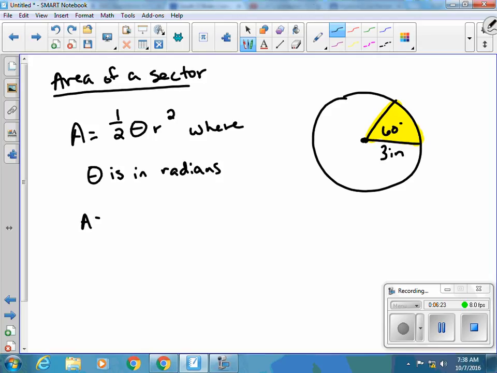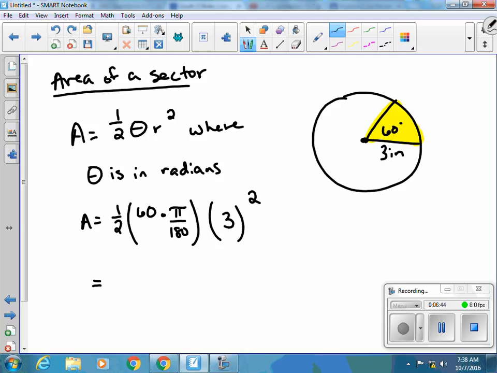So I've got my area equals 1/2. I need to convert that into radians, so I know that it's going to be 60 times pi over 180, and then my radius is 3 squared. So now I can go through and just simplify this.